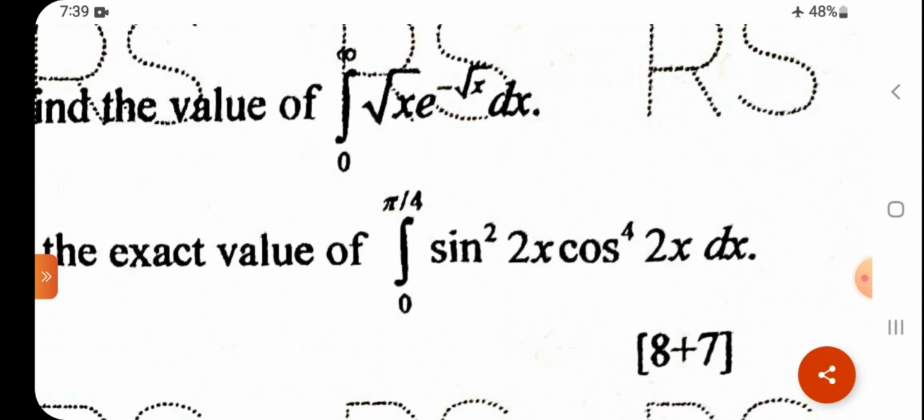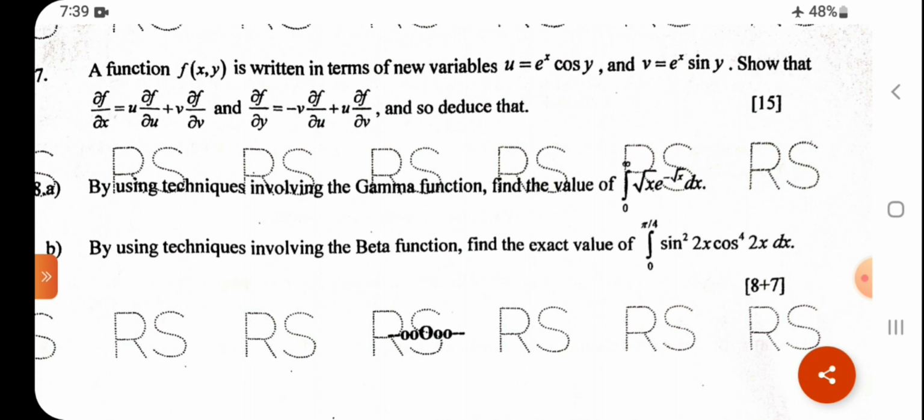There is one type of relation between the beta function and polar coordinates: integral 0 to pi by 2 of sin to the power of m minus 1 of theta and cos to the power of n minus 1 of theta. Using that relation, you calculate the simplification. But before applying that, you write sin square and cos square in terms of sin and cos, and then calculate the integral value.